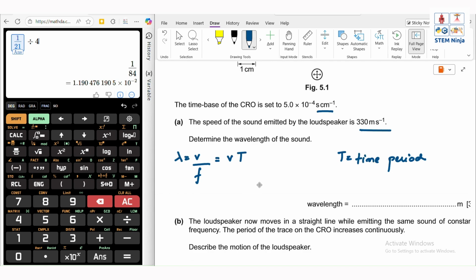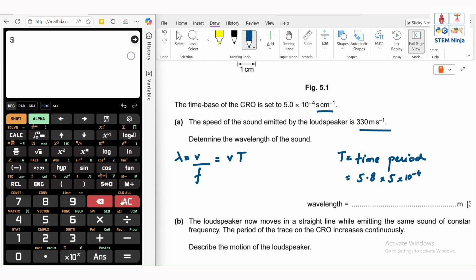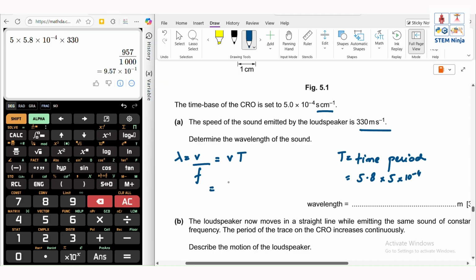So time period would be 5.8 times 5 times 10 raised to power minus 4. Now this times the speed 330, this would be the wavelength, 0.957, so 0.96.